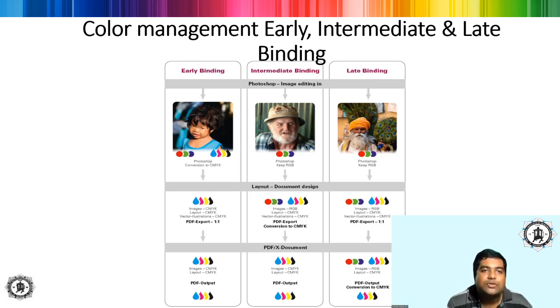We say this to be binding. This binding refers to when in the workflow colors are converted from RGB to CMYK. You should not confuse this with the binding that we often use in the post-press finishing operation. That is not to be confused with this.